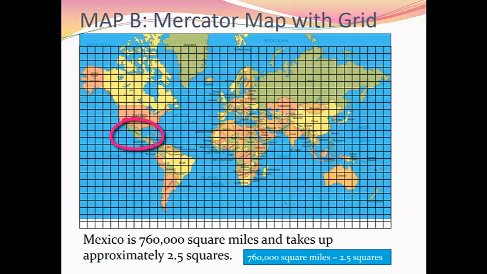You may have come up with a number a little bit smaller or a little bit bigger, but I thought it was about 2.5 squares. So our main unit conversion for this part of the lesson is going to be that 760,000 square miles is equivalent to about 2.5 squares.